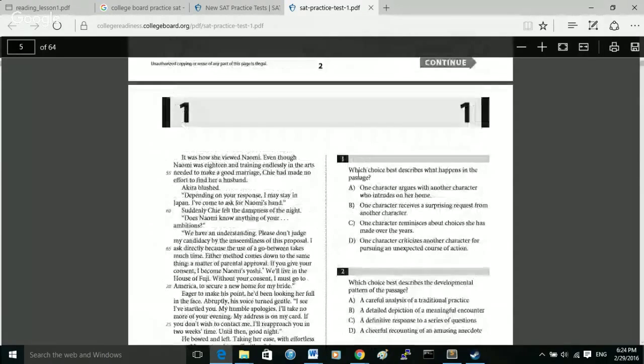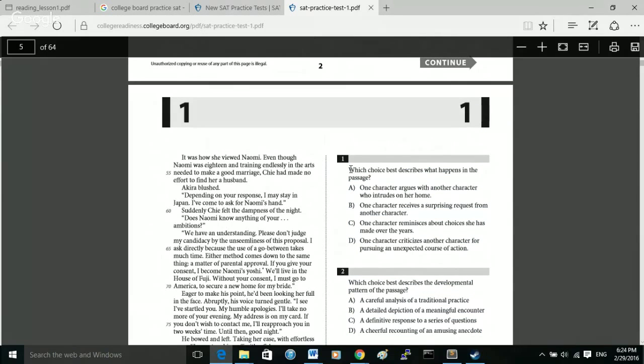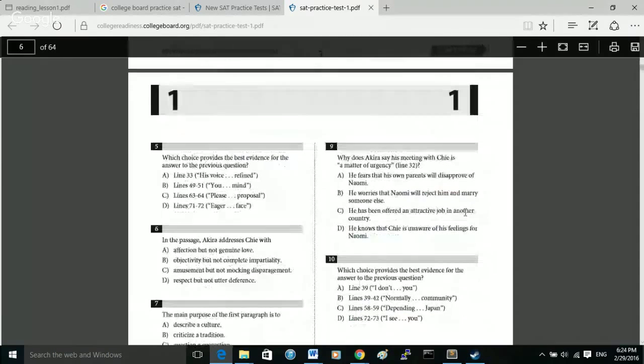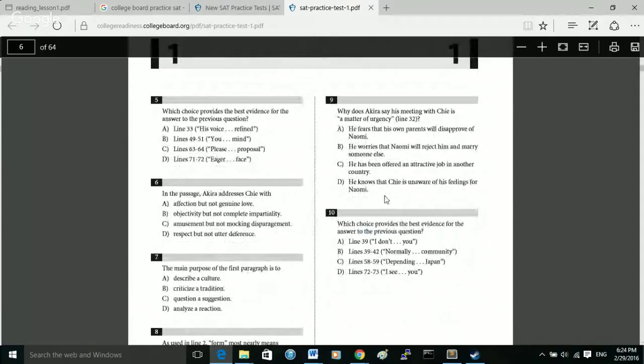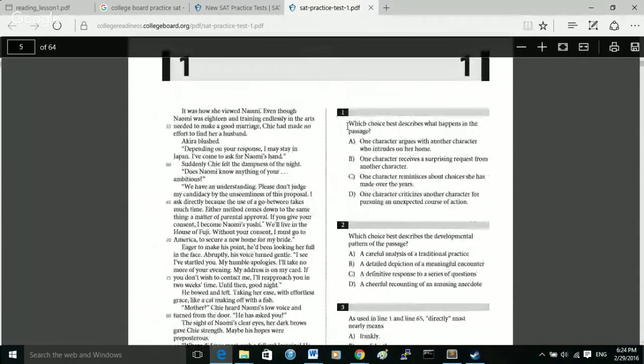So let's go back. Question one. We skipped this one, so let's make sure to answer this one. Which choice best describes what happened in the passage? Well, you'll realize that after answering these answer choices and questions, we don't actually have enough information to answer this question.